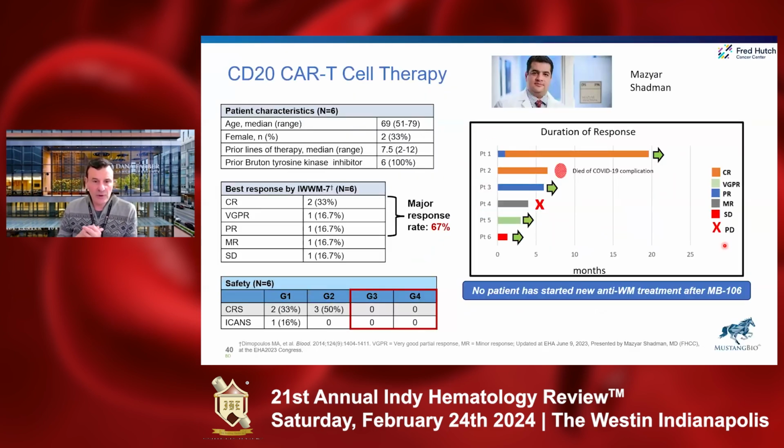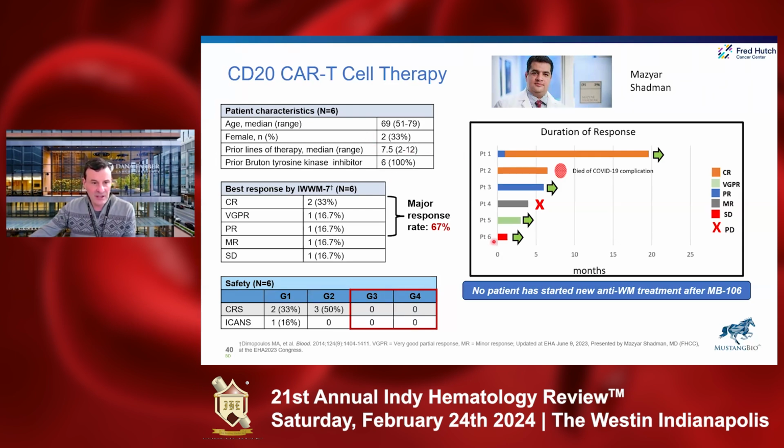Now, you probably have also heard about CAR T cell therapy. CAR Ts are T cells that have been engineered to look for targets on tumor cells, specifically in this case, CD20 that's present on Waldenstrom cells. My colleague and friend Mazar Shadman, who's based at the Fred Hutch Cancer Center in Seattle, has run this small pilot study, showing activity even in patients who have seen a lot of prior therapy.